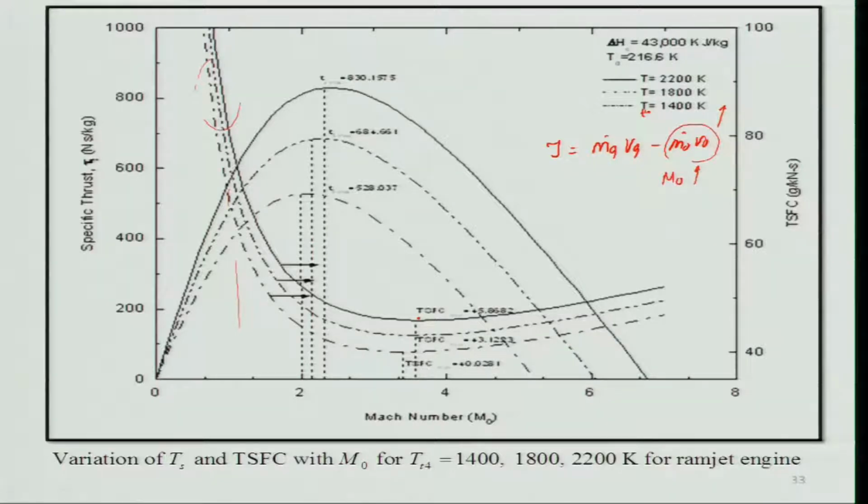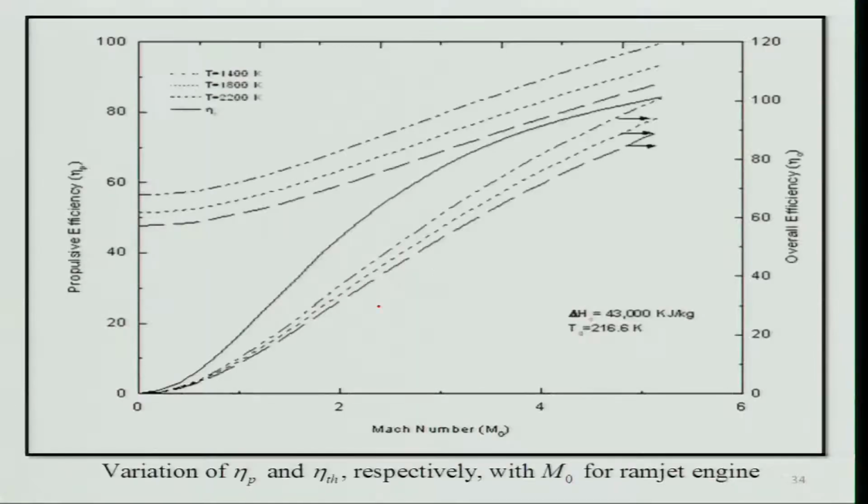You can also note that TSFC goes on decreasing as you decrease the temperature. In other words, when I increase the exit temperature from the combustor, the TSFC goes up, which is obvious because for higher temperature you need to consume more fuel. If you look at the propulsive efficiency, it increases with the flight Mach number for the same temperature.